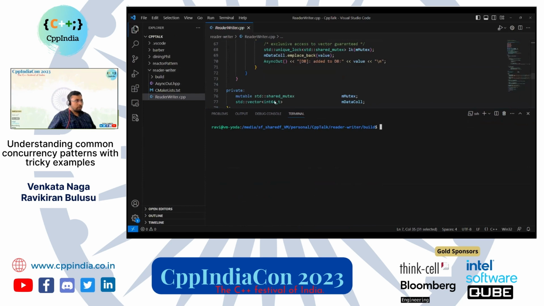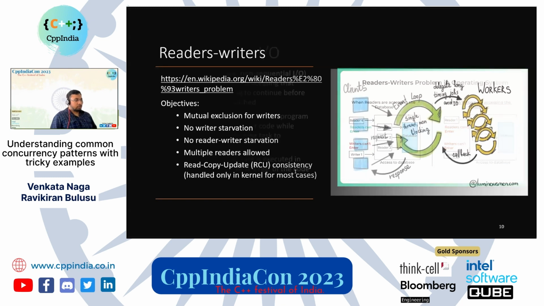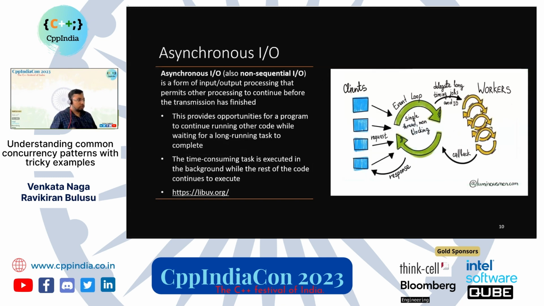Definitely, this code will be public both on my GitHub as well as the CppCon GitHub. And last but not least, we have a special case study on asynchronous IO. This is something which happened in real time for me when I was trying to achieve TCP/IP communication with synchronous IO.